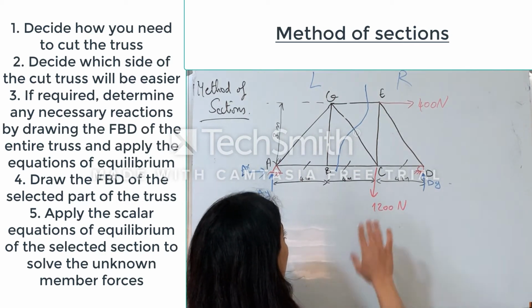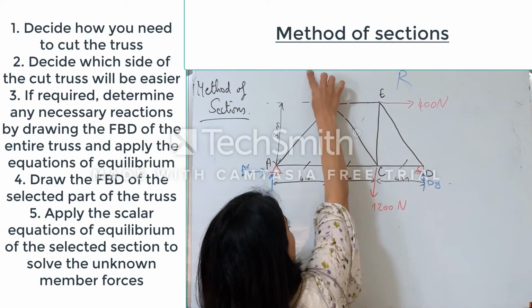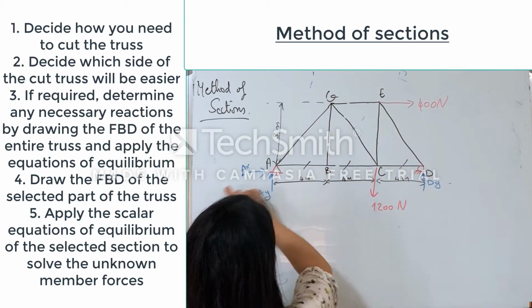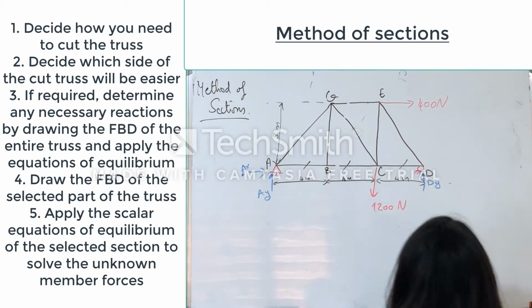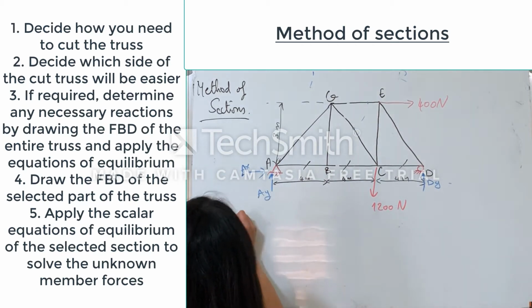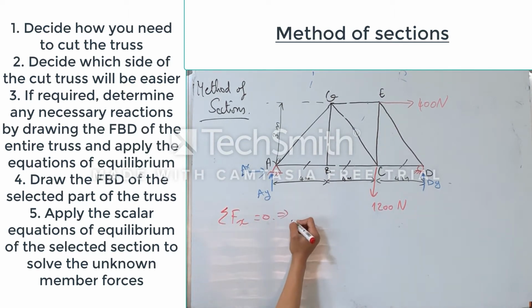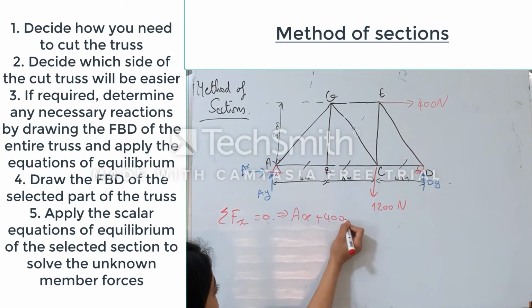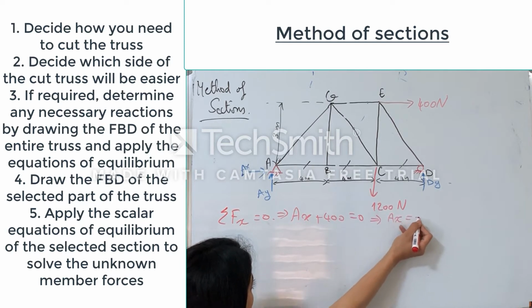So guys, I will erase this cut. Take my free body diagram of the whole truss and let's find AX, AY, and DY. So I know, guys, that the sum of forces in x is equal to 0, which means AX plus 400 Newton is equal to 0, and this means that AX is negative.